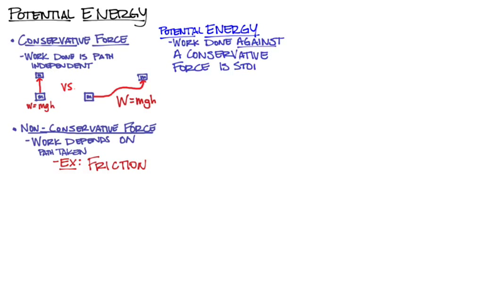Anytime we do work against a conservative force, that work doesn't go away, it's just stored as potential energy. So doing work against a conservative force stores the work as potential energy. That's what potential energy is. Work done against a conservative force.